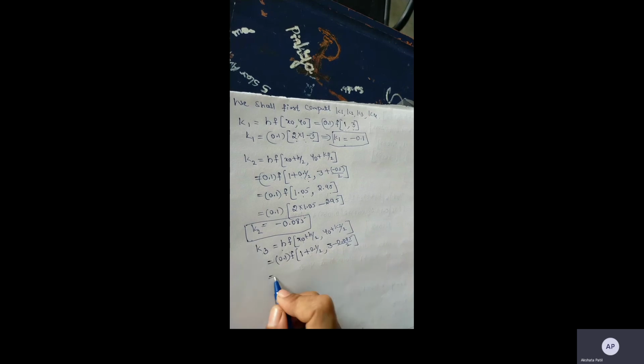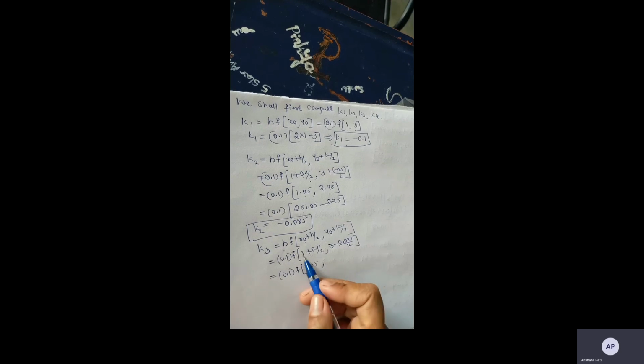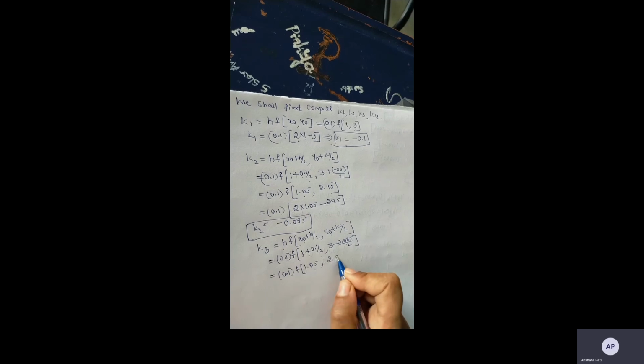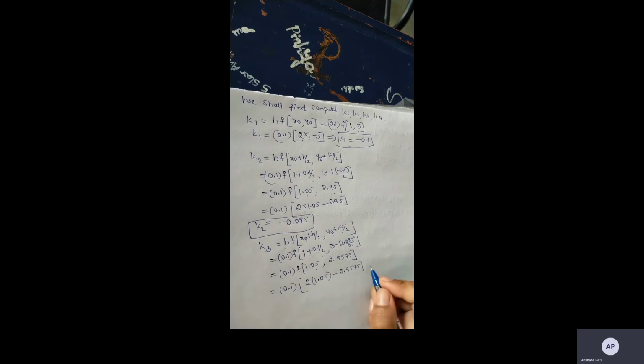After simplification you get 0.1 into the function of 1.05 comma 2.9575. Now use these values in the given differential equation: 0.1 into 2 into 1.05 minus 2.9575. You will get k3 equals minus 0.08575. So this is our k3 value.